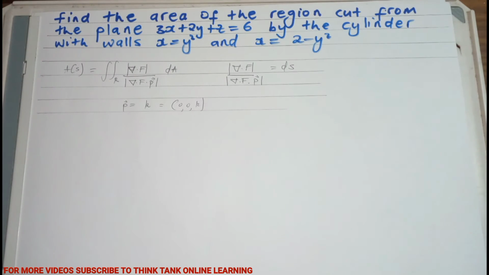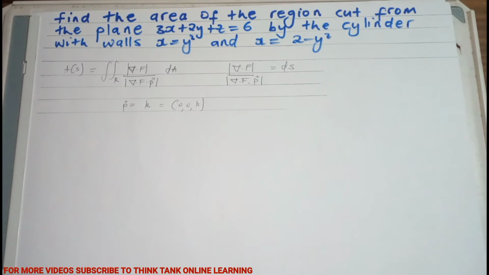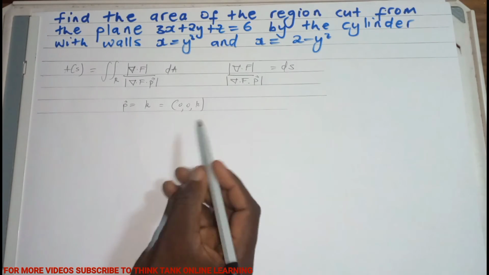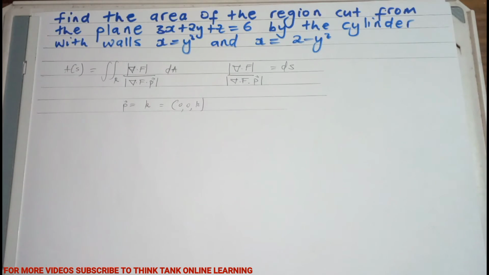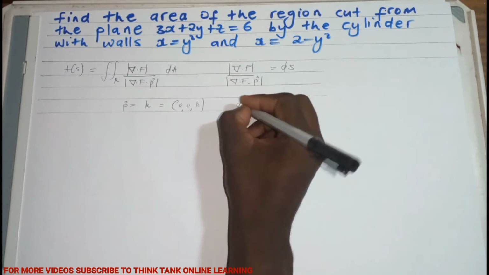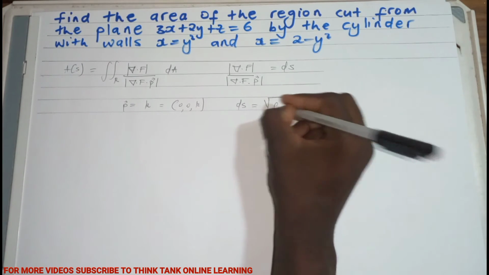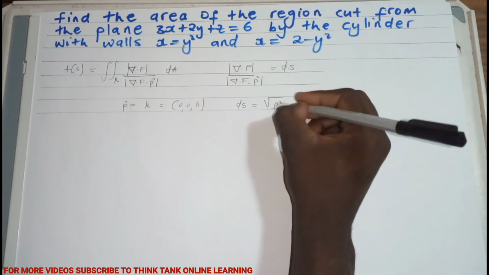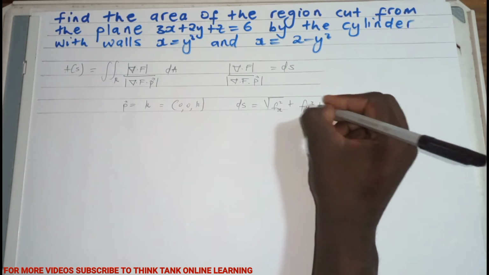So now I want to find the area. So what are we going to do? There are many ways of finding dS, but I think the easiest way is to make z the subject of the formula. Then, after making z the subject, dS is equal to the square root of the partial derivative with respect to x squared plus the partial derivative with respect to y squared plus 1.